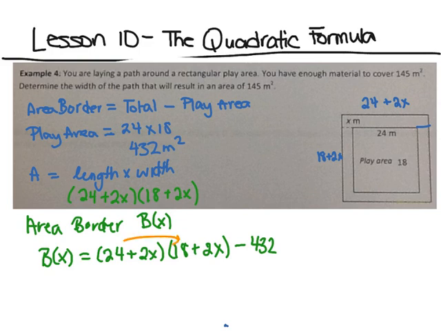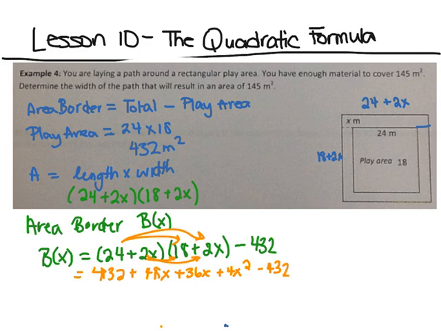So 24 times 18 is 432. 24 times 2x is 48x. Oh my gosh, 2 times 18 is 36x, and 2x times 2x is plus 4x squared, minus 432.